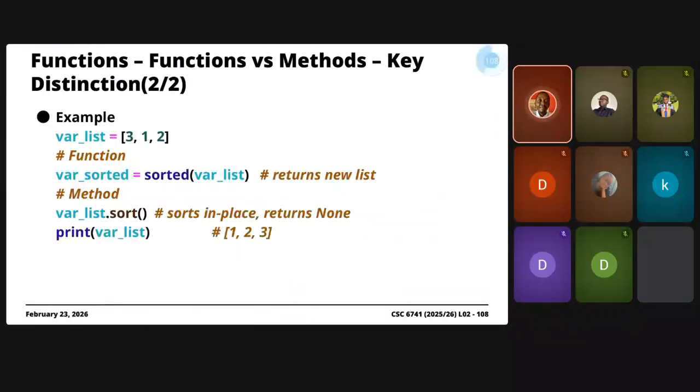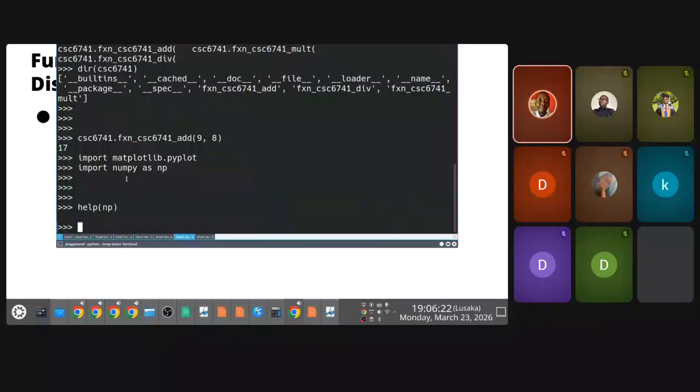Anyways, hopefully this is making sense. What I have here is an example of how you use a method and a function. I have a list, var list, with 3 elements: 3, 1, 2. I use the sorted built-in function, just as it is. It comes bundled in.